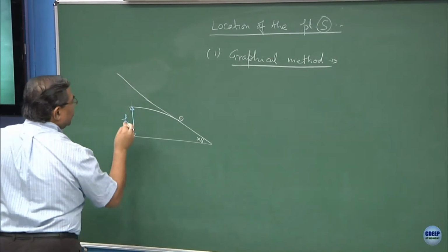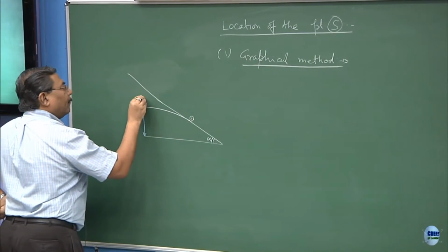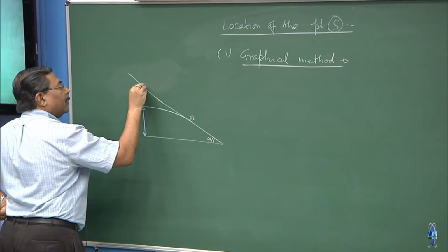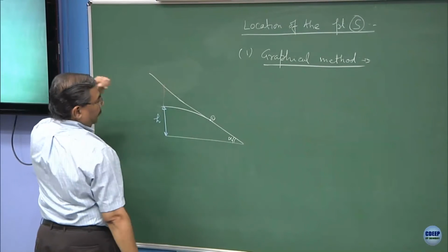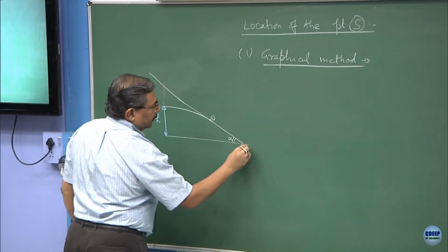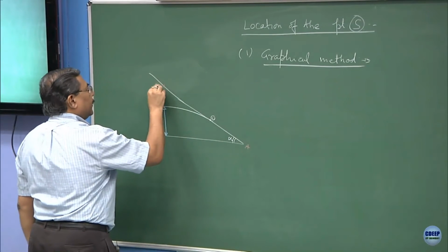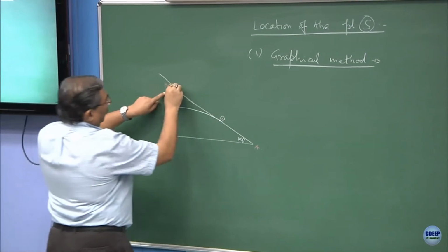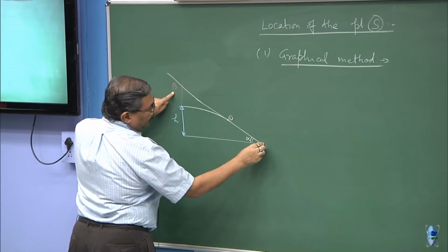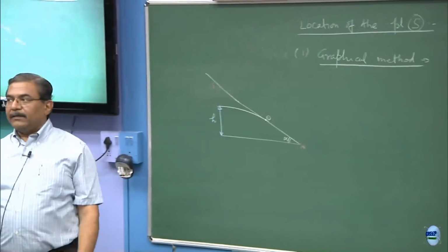So, extend this line vertically up. Now, wherever this cuts, suppose I say this is A, this point is B, on AB draw a semicircle.